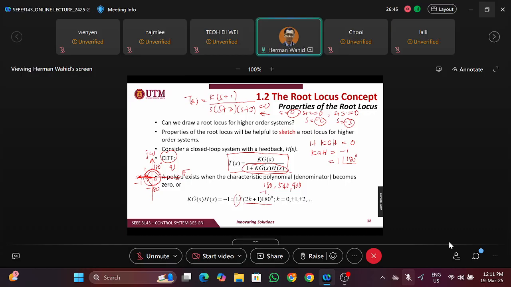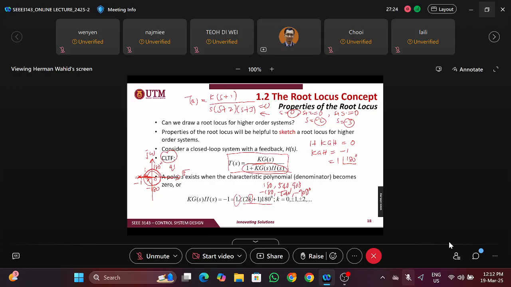It could also be on the negative side, -540 degrees and -900 degrees. So we make it a general equation like this, where k is a value of 0, integer 1, integer 2, and so on. We only consider k equal to 0, so 2 times 0 plus 1 times 180, which gives only the 180 degrees value.